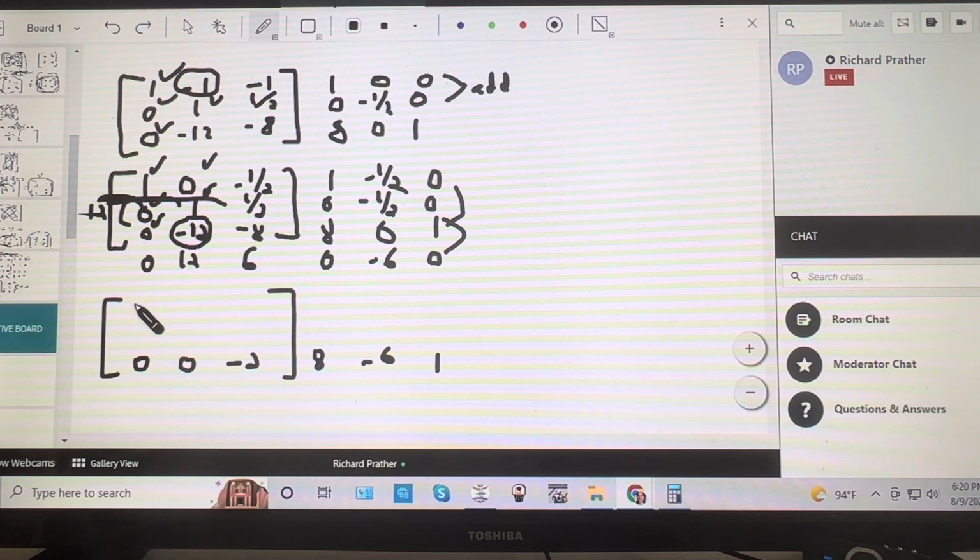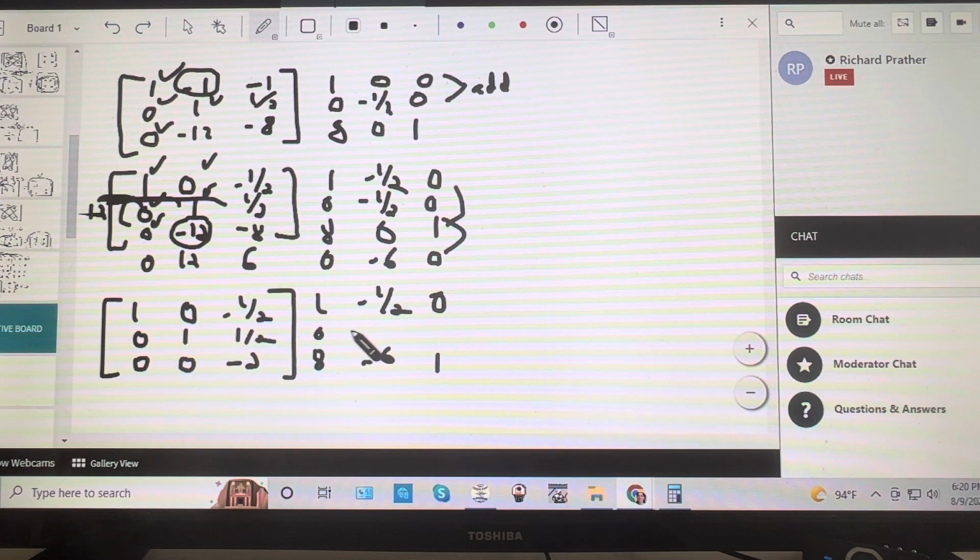Rewrite the first two rows. So 6 down, 3 to go. On that problem number 30, we were done at this point because we had a whole bottom row of zeros.